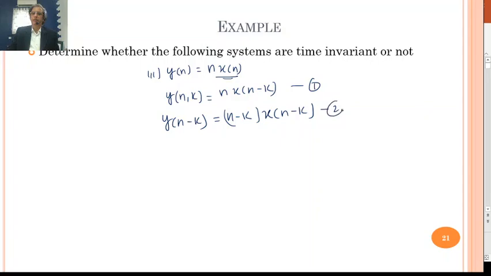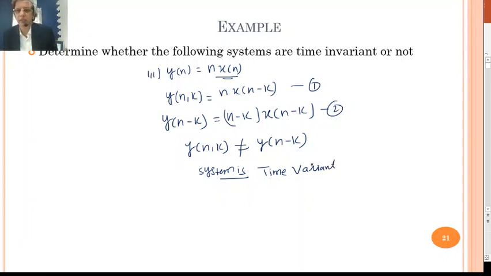And from equations 1 and 2 you can observe that these equations are not the same, hence the given system is not equal to y of n minus k. And the given system is a time variant system. Its response changes as the time changes.